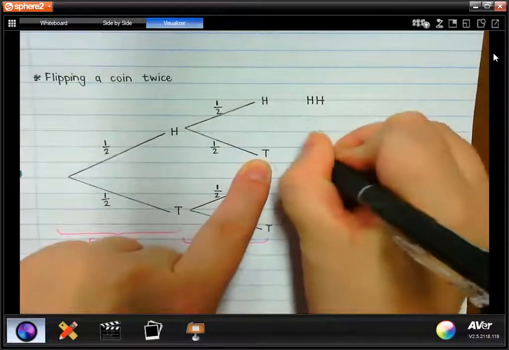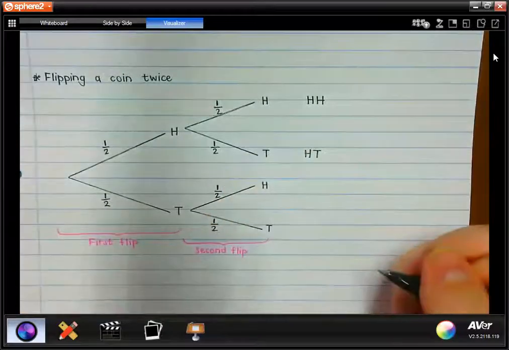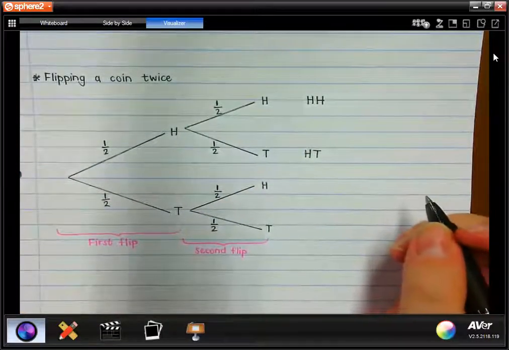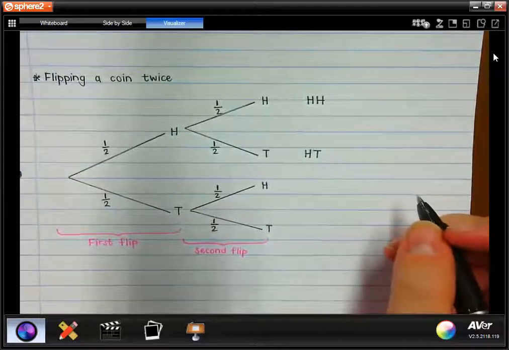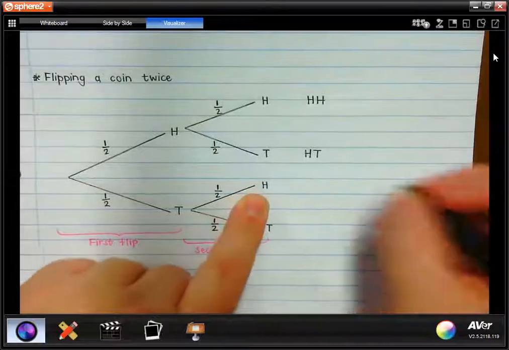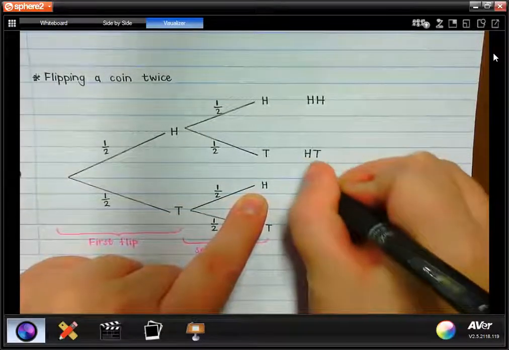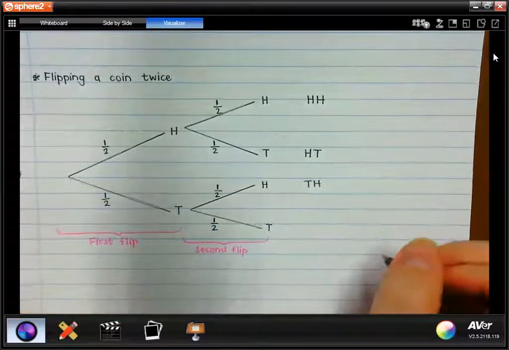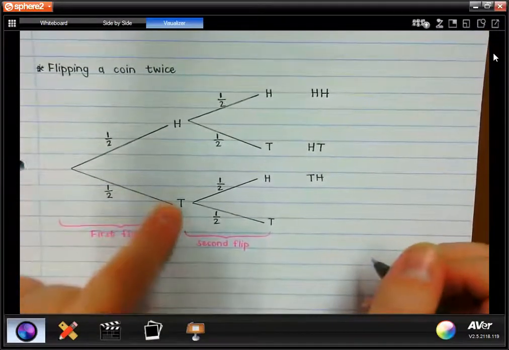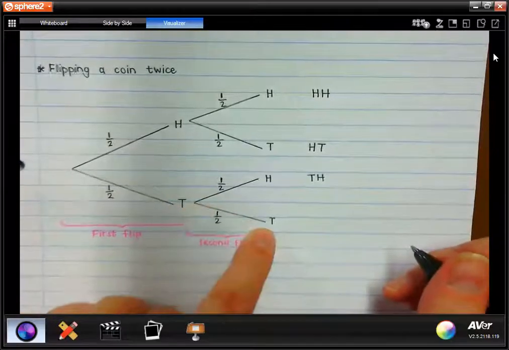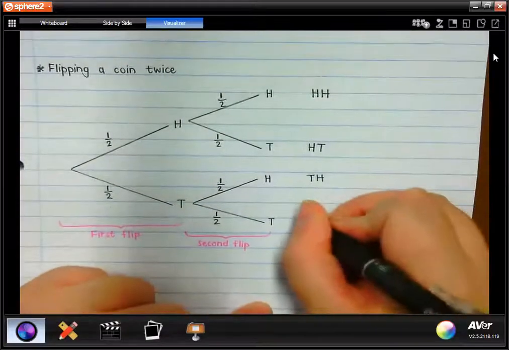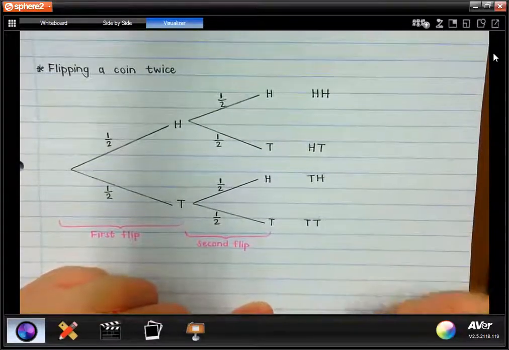So that is heads first and then tails second. That's another possible combination of outcomes. Or the first time it could land on tails, second time on heads. So that is tails first, heads second. Or the first time it could land on tails and the second time on tails again. So that is 2 tails that I'm getting there.